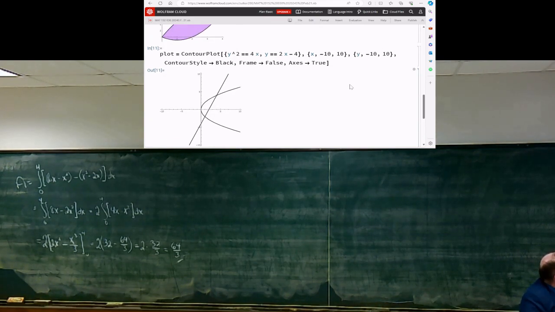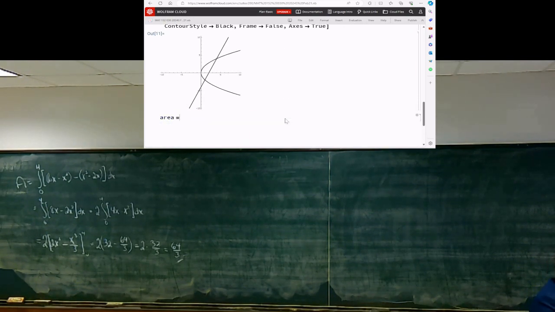What is our region? Well, it's this bit here, right? Unfortunately, actually, I shouldn't say that because Mathematica did update and they may have changed it.